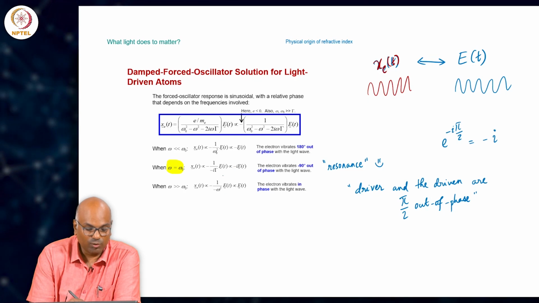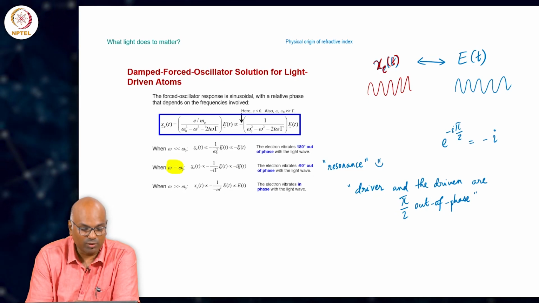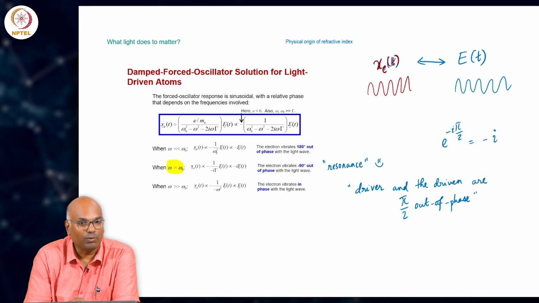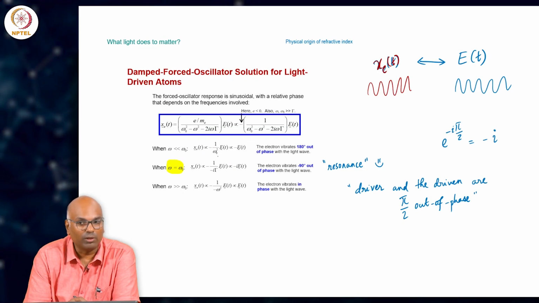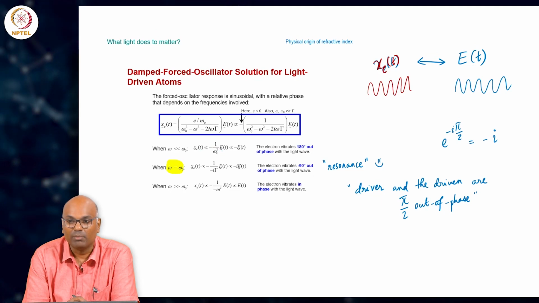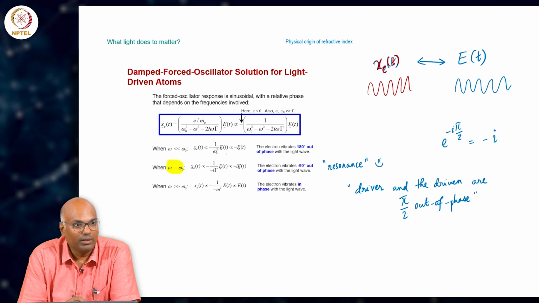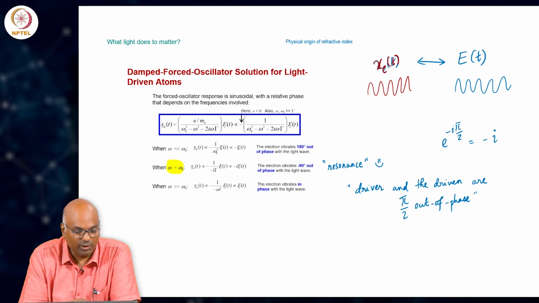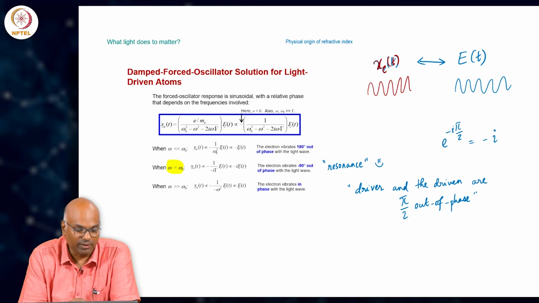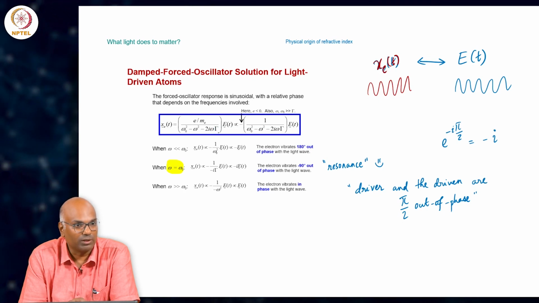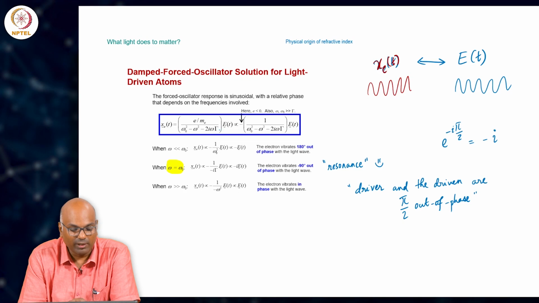In the two other cases there is an omega naught square or an omega square dividing the entire thing, and that quadratic quantity, omega or omega naught in the optical case, is a number as large as 10 to the 14 per second. If that goes away, there is still a multiplicative factor of omega in this case, but then there is also a gamma. Gamma is not that large a quantity numerically speaking.